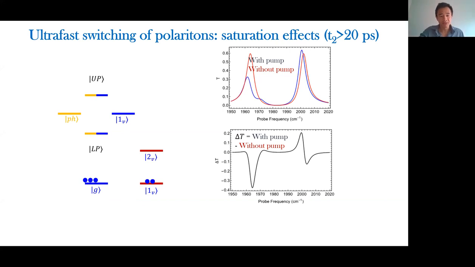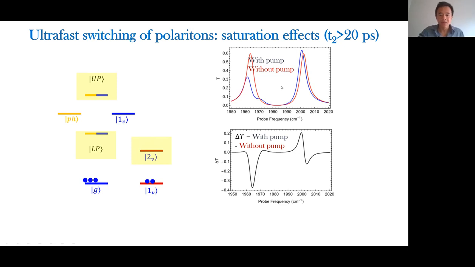So in that case now, you also have the ability to go from the first fundamental transition to the doubly excited state. So now, instead of just having saturation, which is the Rabi splitting contraction, you also have mixing with this anharmonic transition. And that's what you see in the experiment. You see these 3 peaks in blue, 1, 2, and 3.